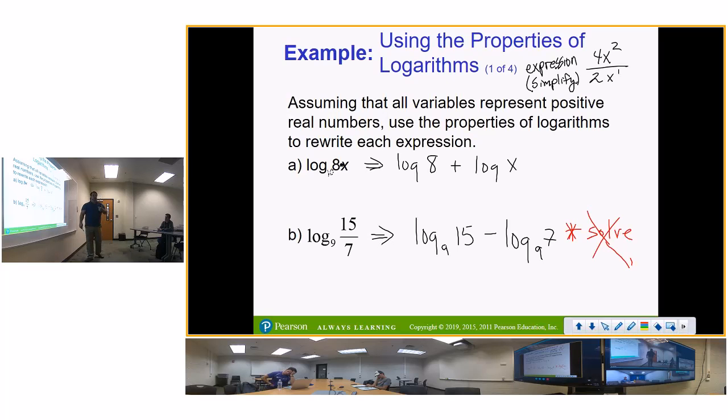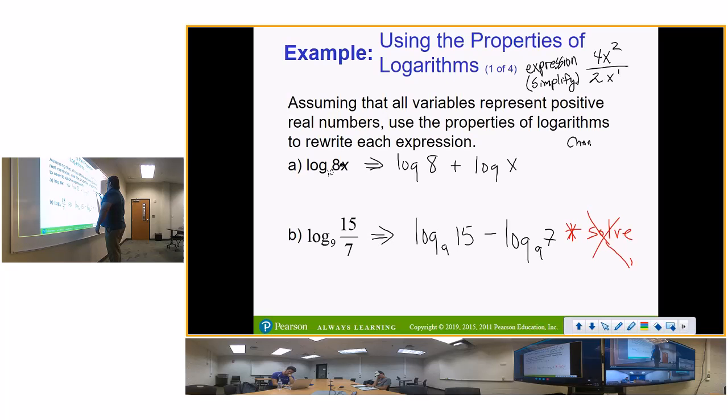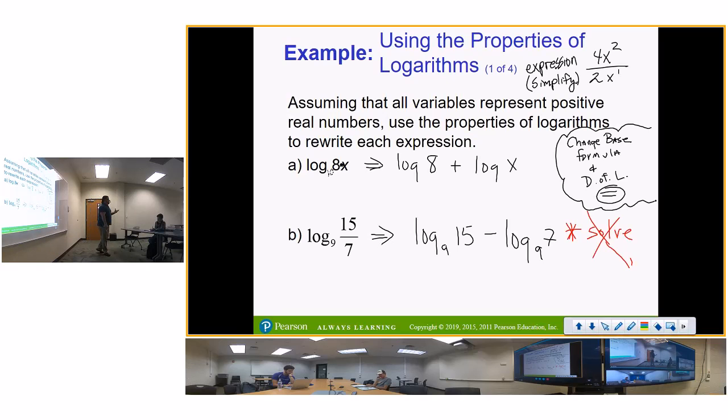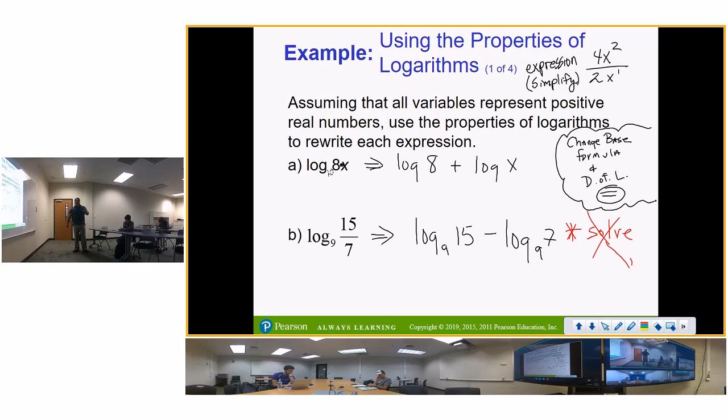Write that down. The change base formula, which you're going to learn later, and the definition of a logarithm is for you to solve. Rewriting is to get you to solving. Okay? This is just part of it. So what you're doing, you're simplifying.